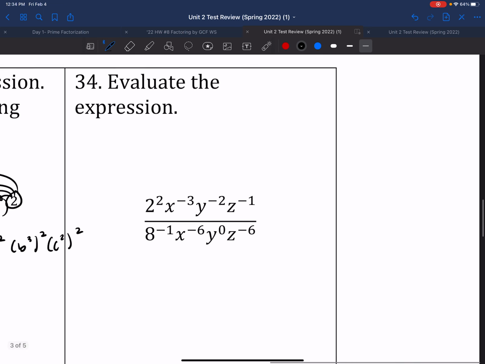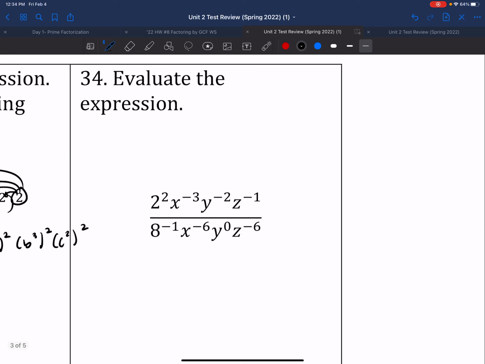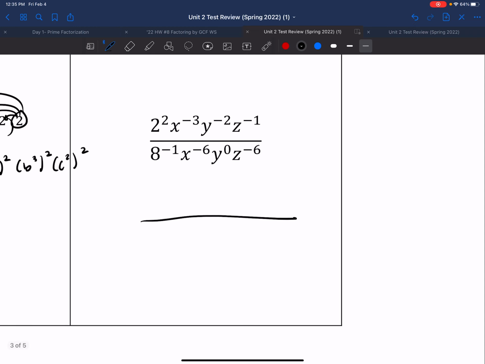Okay. 34, evaluate the expression. I see some negative exponents here, so I'm just going to create a new fraction bar. That's pretty ugly, so let's try again. So 2 to the second power, that's positive, so I don't need to do anything, I'm just going to leave it as 2 to the fourth power here.